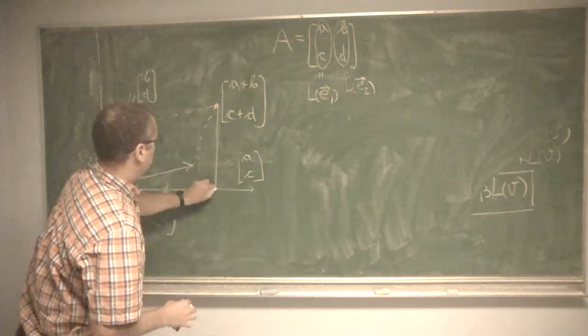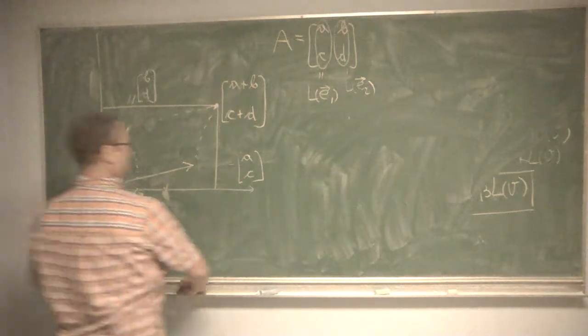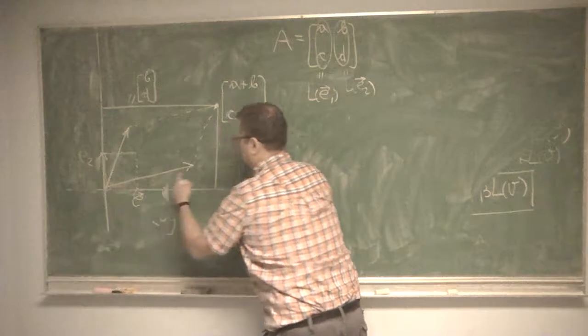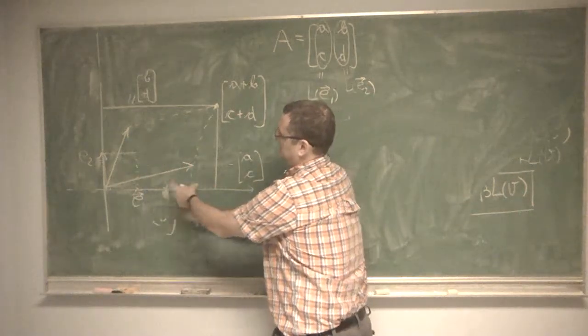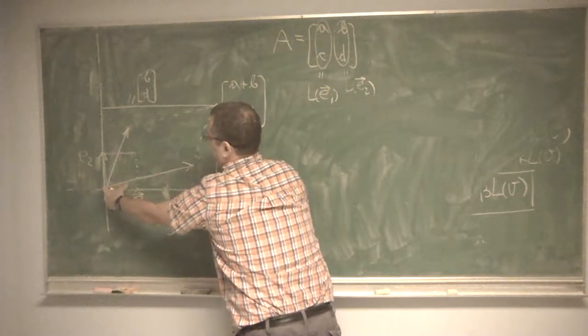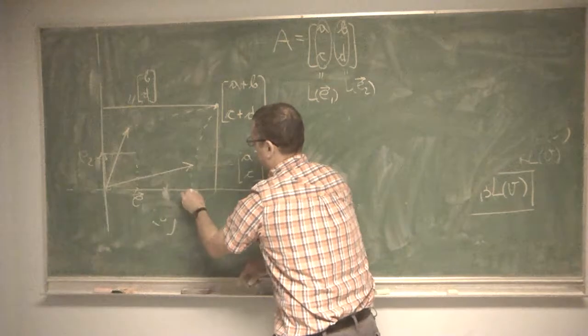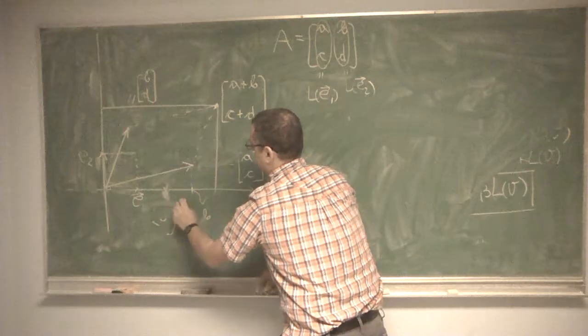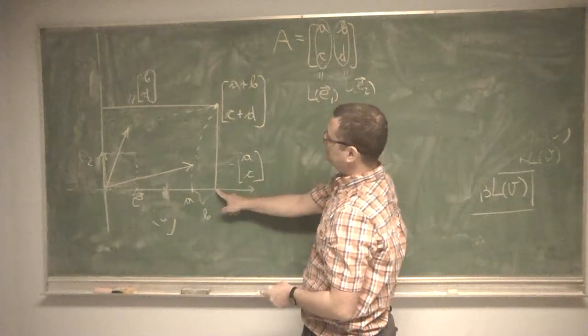When you look at this big rectangle, from here up to here is A, and this is just the x coordinate of this vector, so that's B. All right, so I have here B. Okay, this is A, this is B, and so this is A plus B.